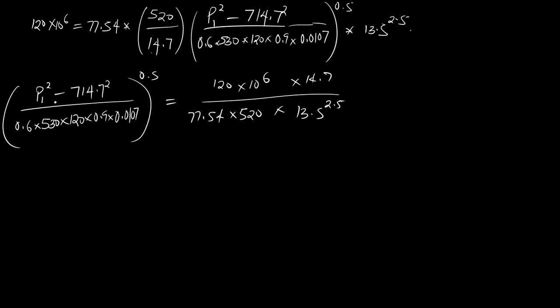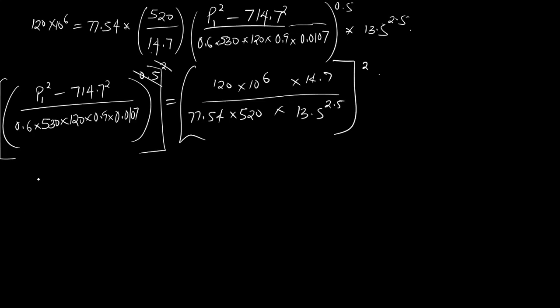Now that is it. So now if we square both sides, this 0.5 will go. Now if we just say squaring both sides, now we have this will cancel out this.